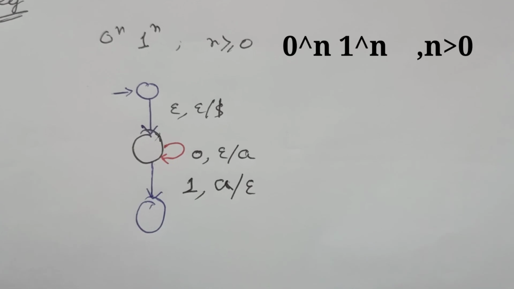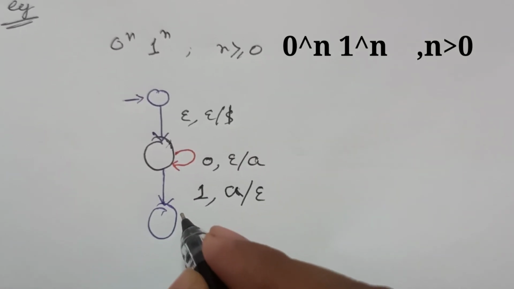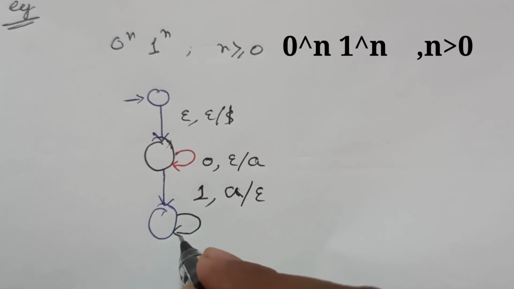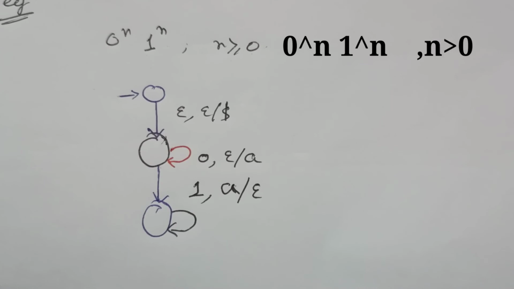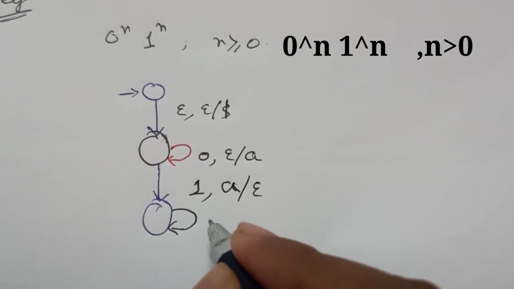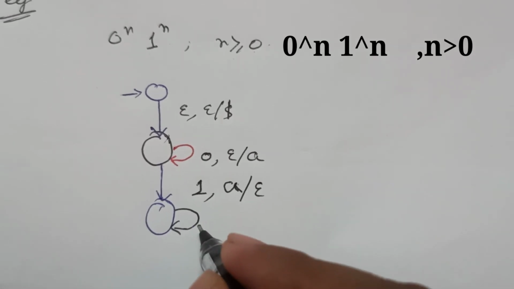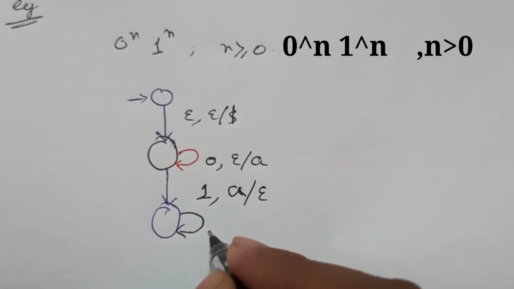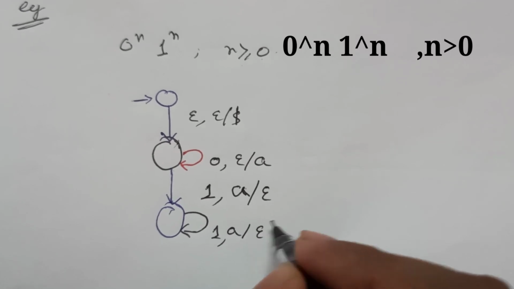Also, if there was only a single one, then this would work, but there can be any number of ones, as we know that n is greater than or equal to 0. It can be 5, 6, 7 also. So we again do the similar thing: for 1 we pop a and replace this a with null.